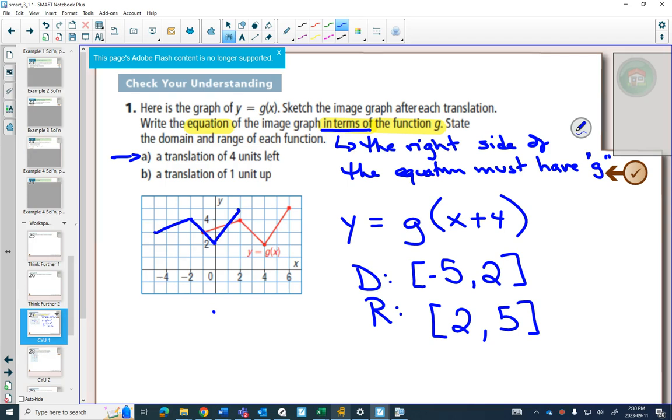Now, in a math question, what will happen is you will have to reread the question over and over again. And when you think you are done, you should read the question one more time. Because this one in particular, I know when I was a student, this is what would happen to me. I'd be like, here's the graph, sketch the image.